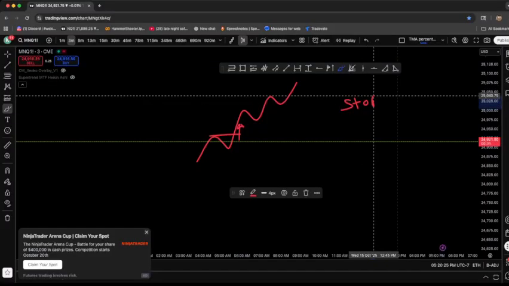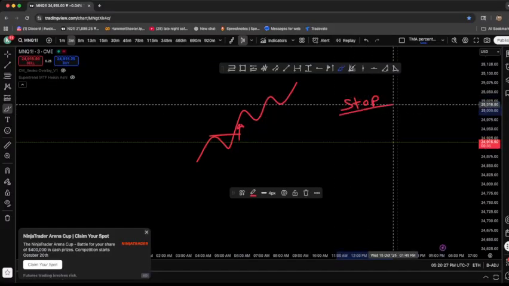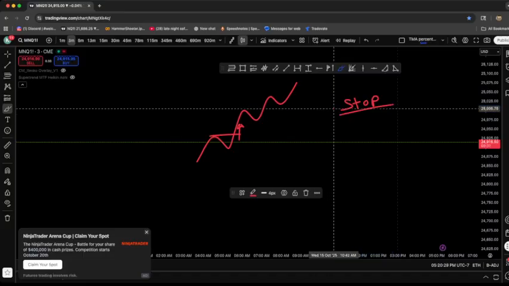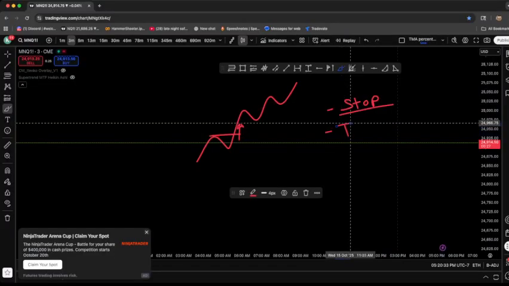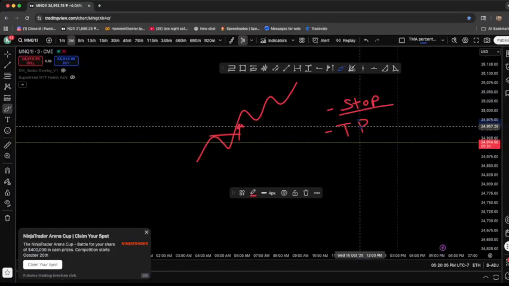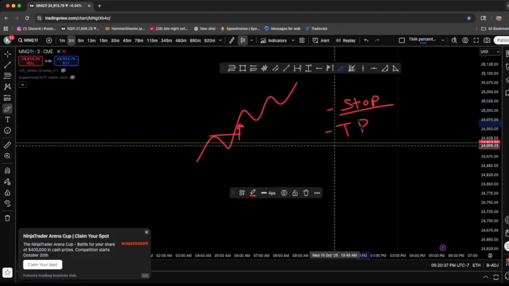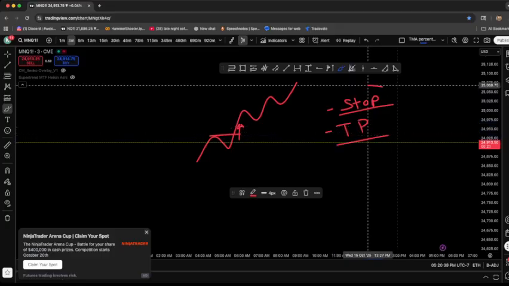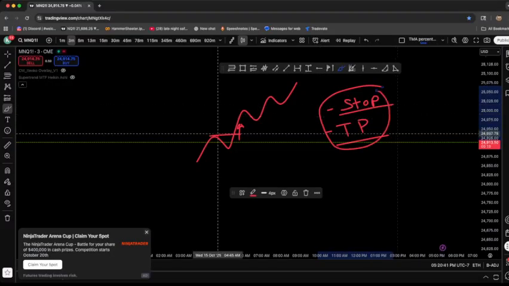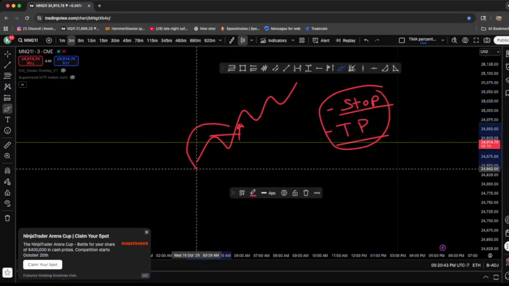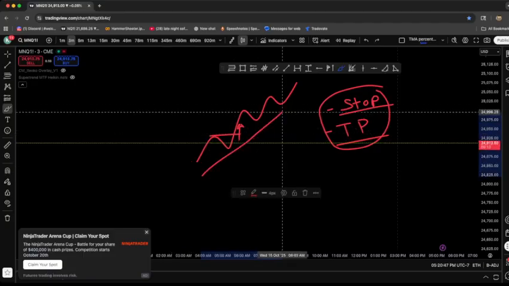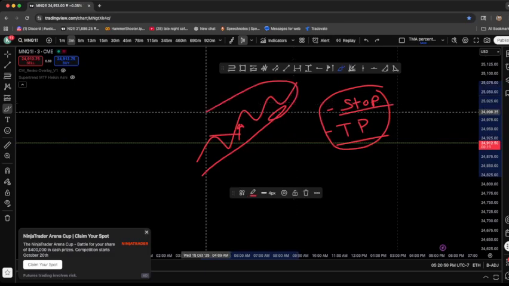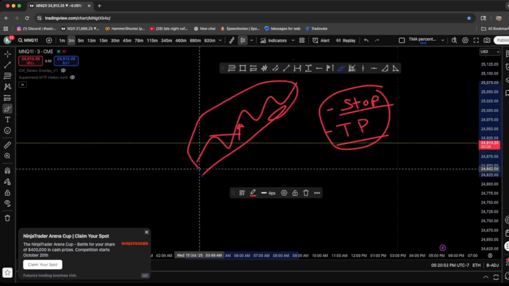Because what I always focus on when I build a model is not so much the stop yet, but where's my take profit, my TP or PT, whatever you want to use as your acronym. These are the two main focuses. You see what the market has done in the past based off of old data to identify a trend like this, but how do you frame your own risk and reward model off of it?